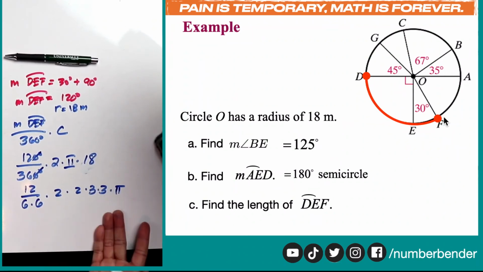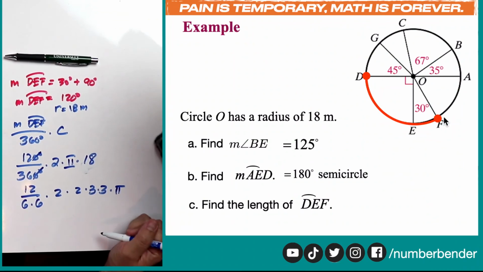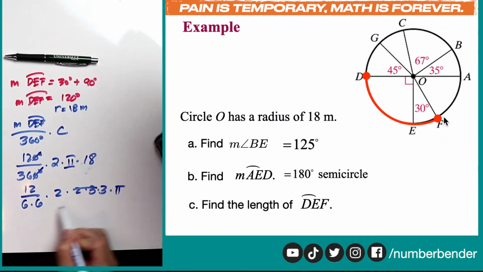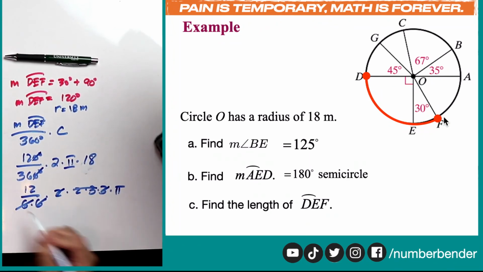So this is our prime factorization, and this will help us simplify our fraction a lot easier without using the least common denominator and the calculator, because we know that 2 times 3 is equal to 6, so this cancels out. 2 times 3 is also equal to 6, so this cancels out. And we are left with 12 pi, which is our arc length, and it has a unit of measurement of m, or meters.